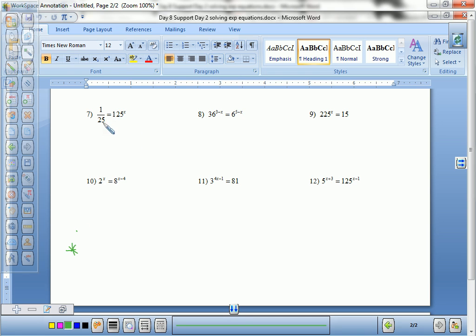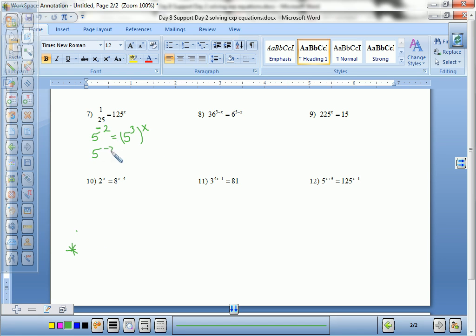All right, so this one, 1/25 and 1/25. What do you think about as a common base? 5. So 1/25 is 5 to a negative, because it's a fraction, negative what? Square. Very good, negative 2. 25 is 5 to the third. So this is our first one where our answer is a fraction.